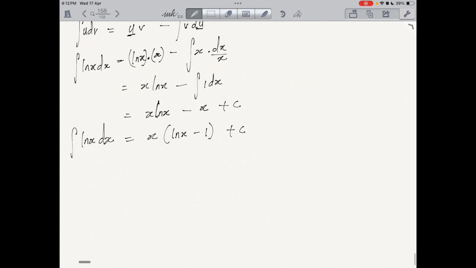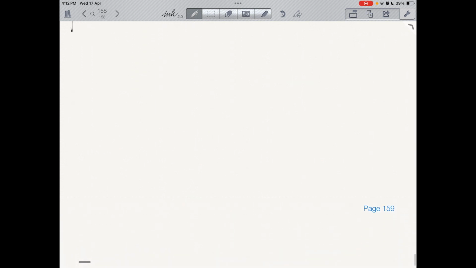Let's take a final example for this video. We're asked to evaluate the integral of root x ln x with respect to x from a lower limit of 1 to an upper limit of 9.